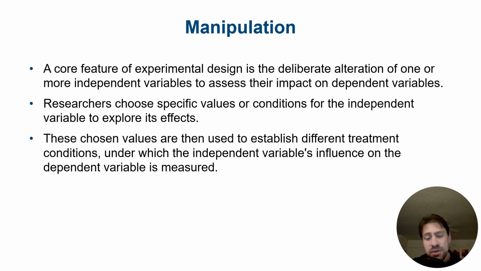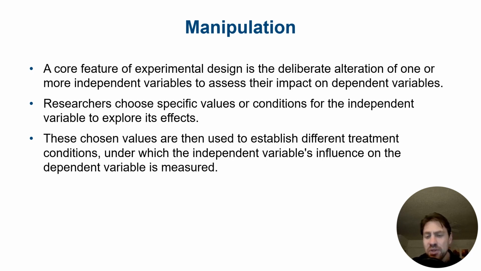Or consider the following hypothetical experiment. Suppose you want to know whether there is a causal relationship between temperature and appetite. So appetite is your dependent variable, and temperature is your independent variable. But how many levels will the independent variable have?